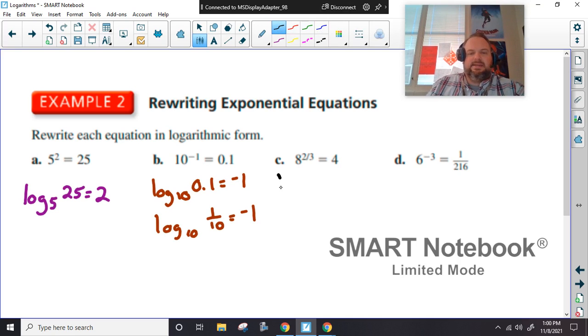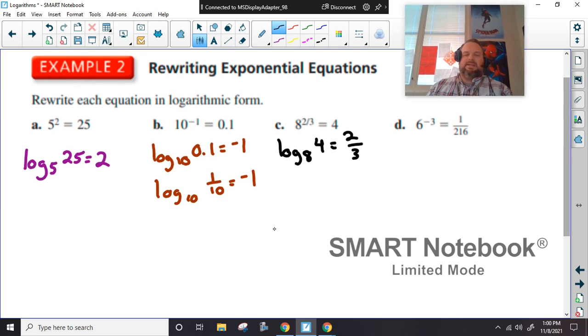On C, we have log base 8, big 4 here, and then 2/3. Now, the reason why the 2/3 power, remember, if we have 8 to the 2/3, this is the same thing as saying the cube root of 8 squared.